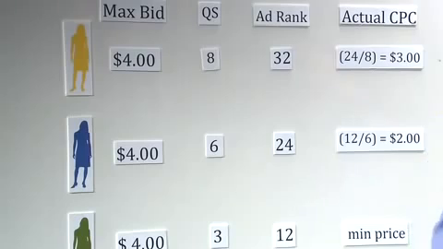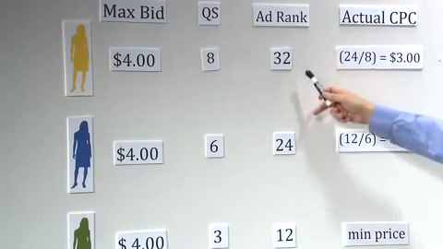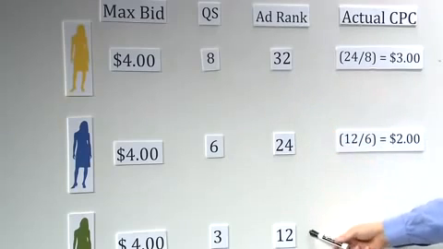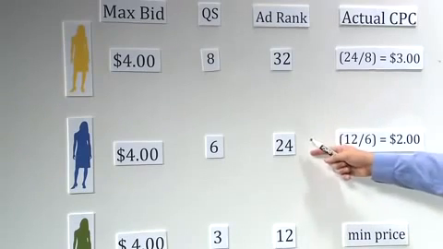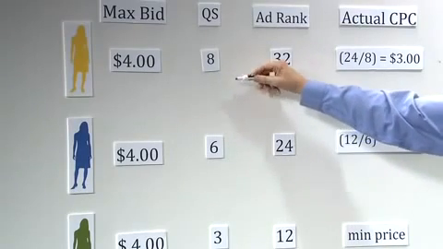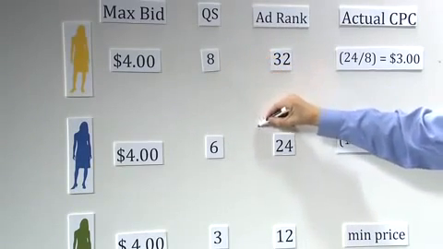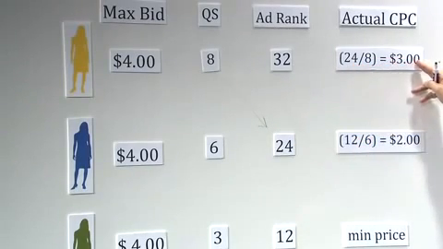So the ad rank is determined by multiplying the bid times the quality to give us ad ranks of 32, 24, and 12. So what determines the price? Well, the price is going to be the ad rank of the advertiser below divided by the quality score of the given advertiser. So in this particular case, it's going to be 24 divided by 8, or 3.